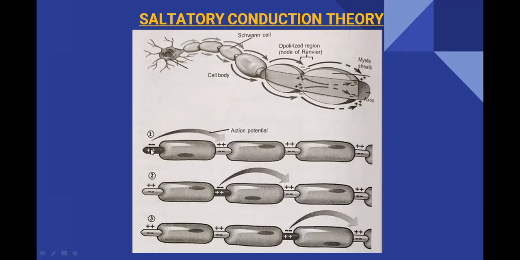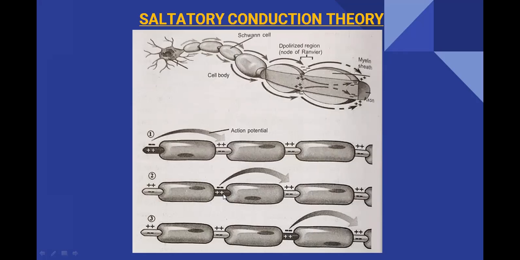Here you can see all the sodium ions are present in this axon hillock region. After the axon hillock region, this region is covered by the myelin sheath, and the myelin sheath does not have any voltage-gated ion channels, so all the sodium ions will be attracted towards this region.